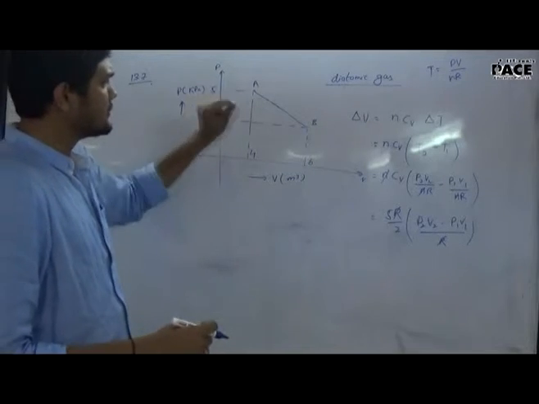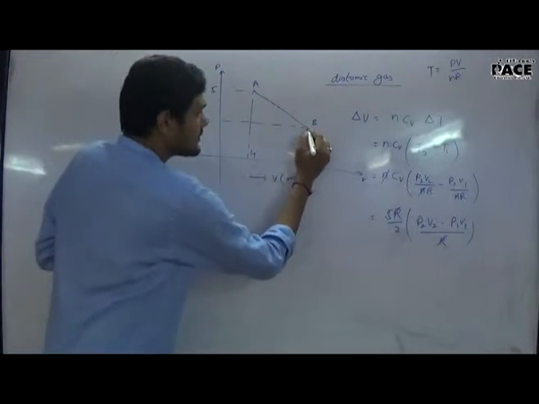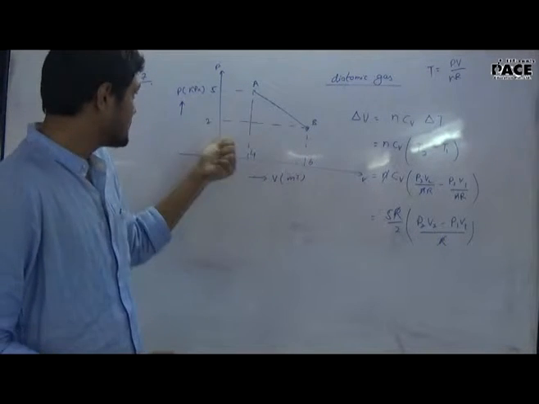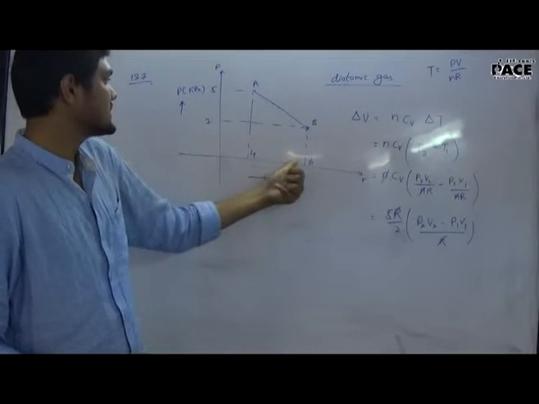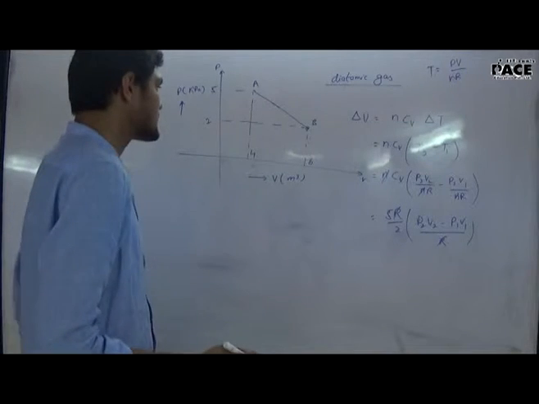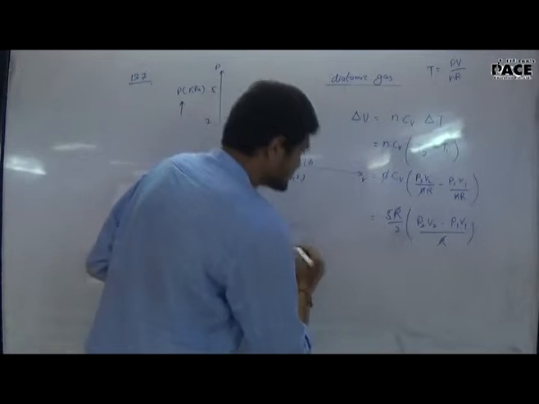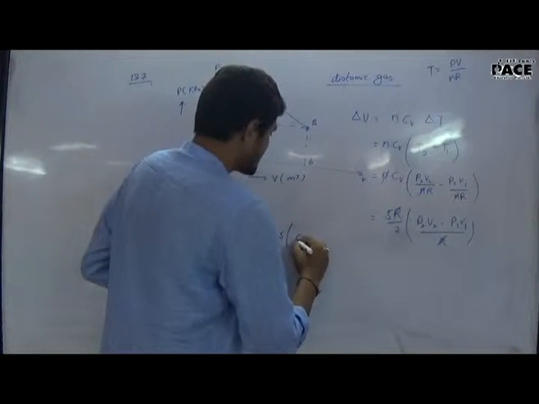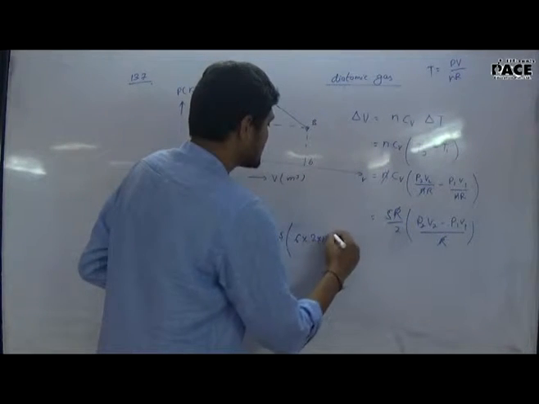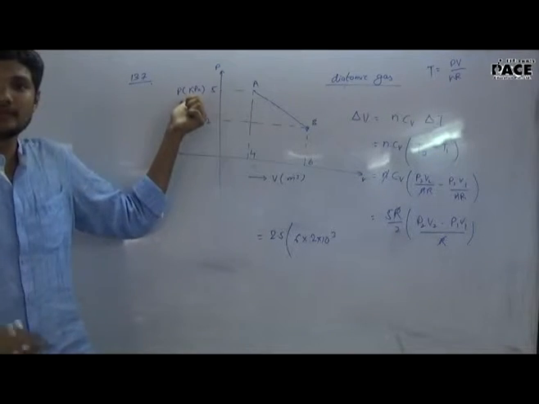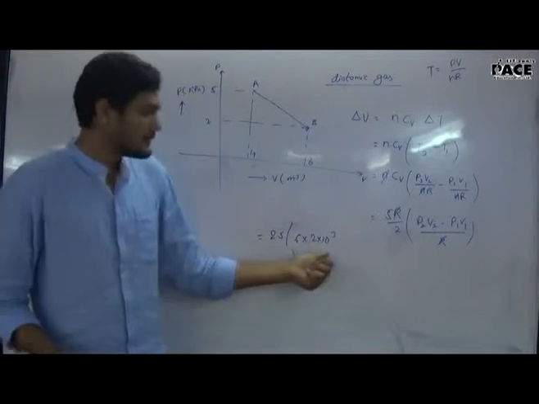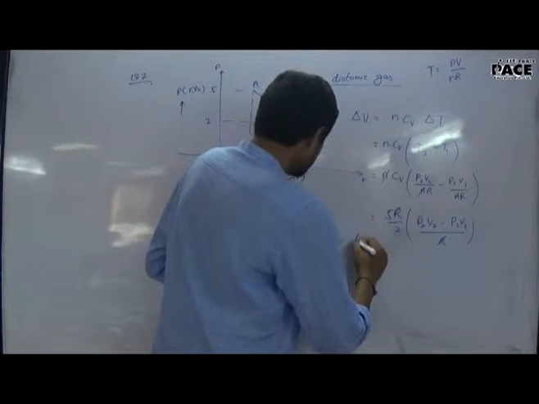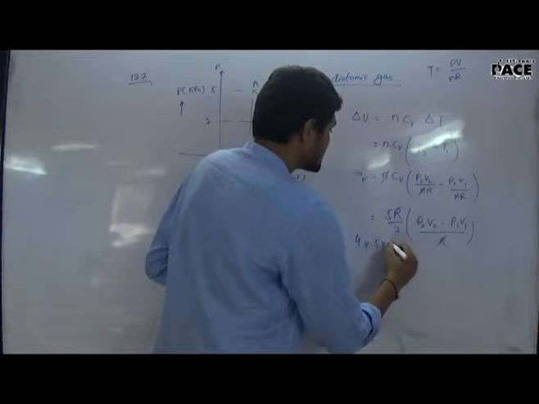Just put the values of P2V2 and P1V1. State 2 is the final state, that is state B. For that, P is 2 kilopascals and V is 6 meter cubes. So this will come out to be 2.5 times 6 into 2 into 10 raised to 3, because it's in kilopascals, we have to convert it into pascals, so the conversion factor is 10 raised to 3, minus 4 into 5 into 10 raised to 3.